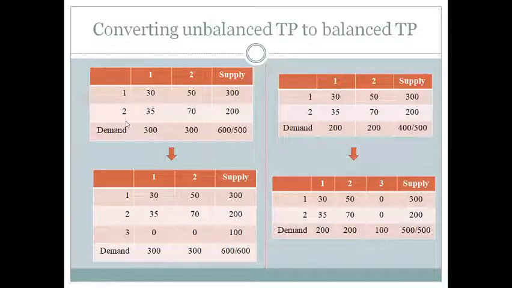So demand is more and supply is less, which means the supply has to have some extra dummy values to match with demand.